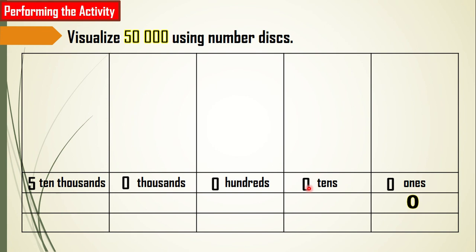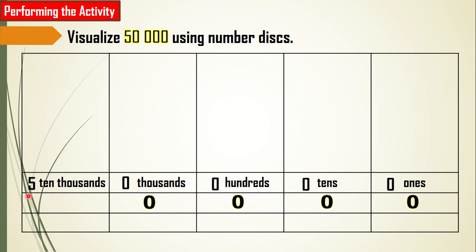How many tens do we need? Yes, none too. We don't need tens because it is also 0. It is the same with hundreds and thousands because they are also zeros.